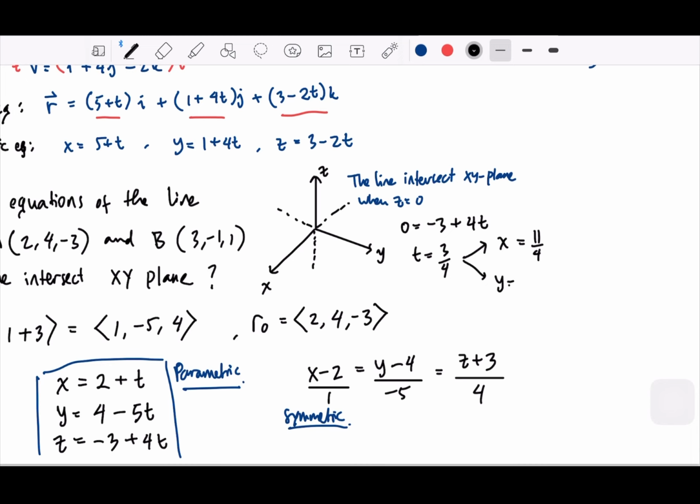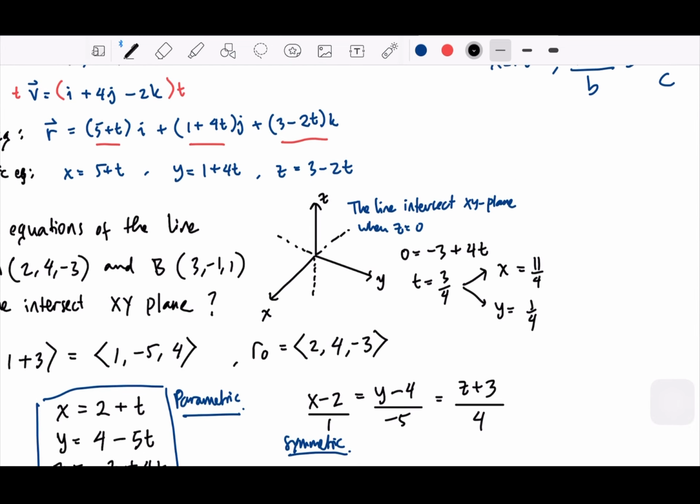And we will get y is 4 minus 15 over 4. This will be 16 over 4, and 16 minus 15 is 1 over 4. So we will get the line intersection is 11 over 4, 1 over 4, and 0. So the line is at this point, 11 over 4, 1 over 4, and 0.